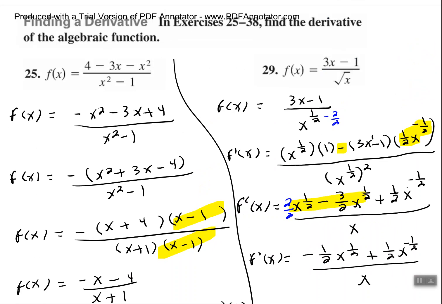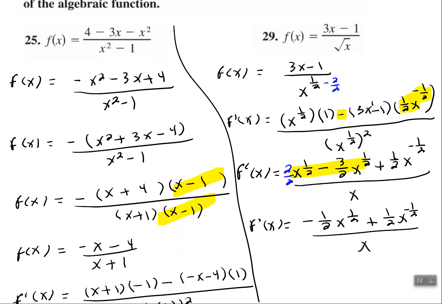And guys, I made a mistake. We need to go back and clean this up just a little bit. The derivative of 3x minus 1 here, instead of 1, that should be 3. So that should be 3x there. Sorry about that.